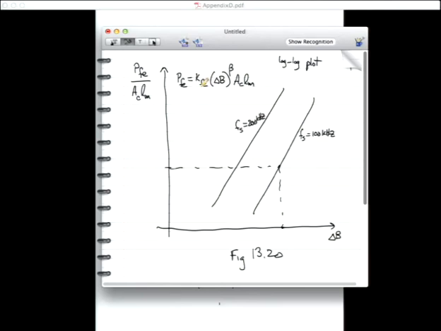And so this formula is the equation of one of these lines. And at a given frequency, you can write the equation of the line and figure out what beta and KFE are. So it's a log-log plot, and the exponent is really the slope.